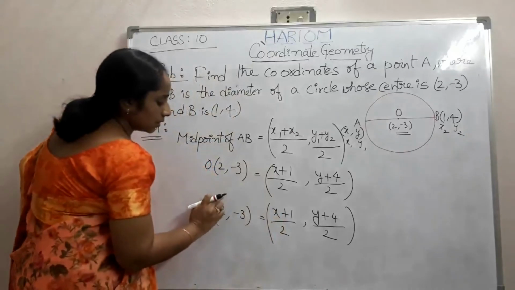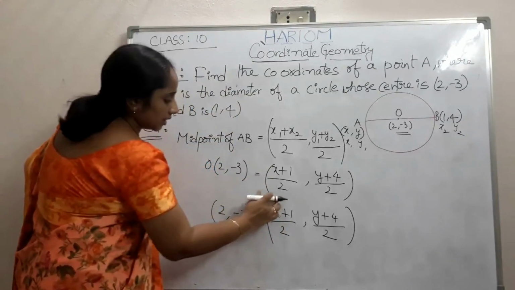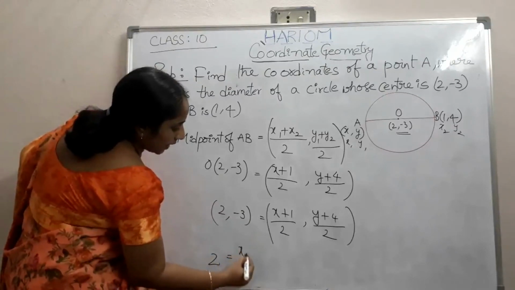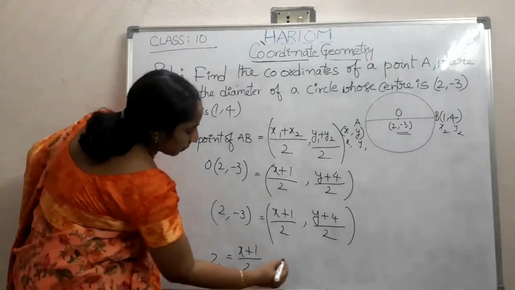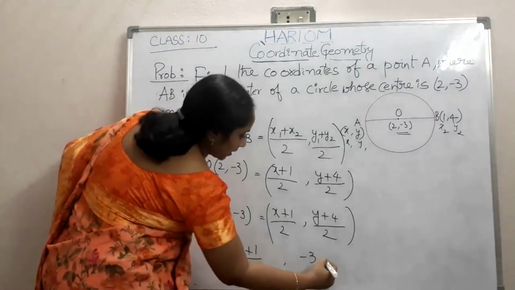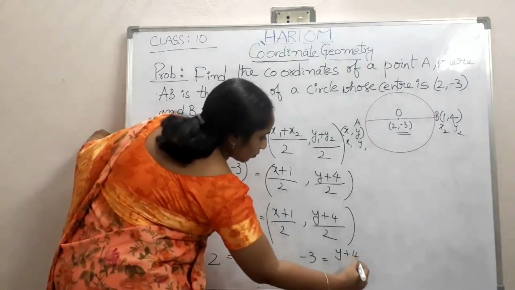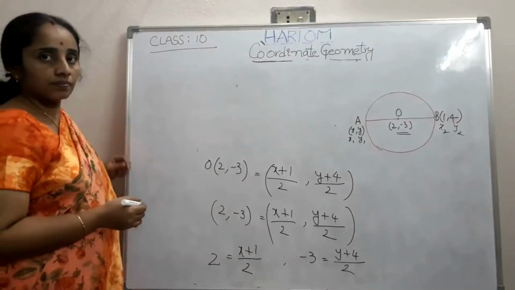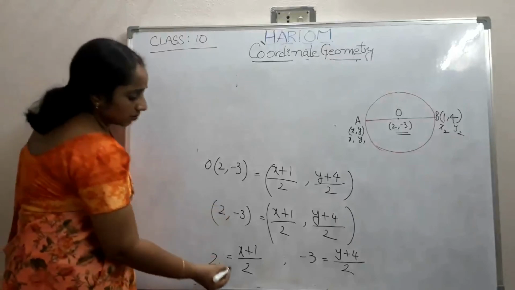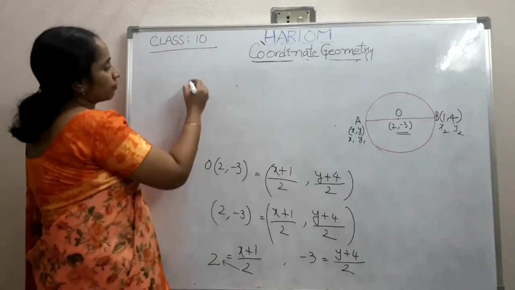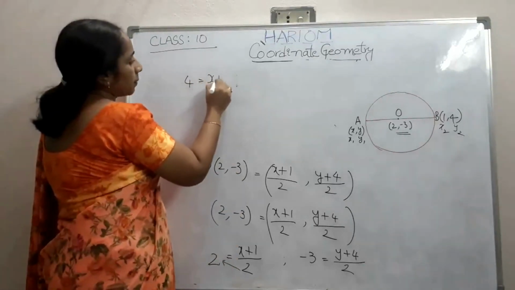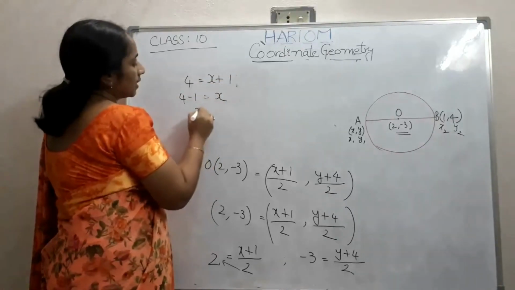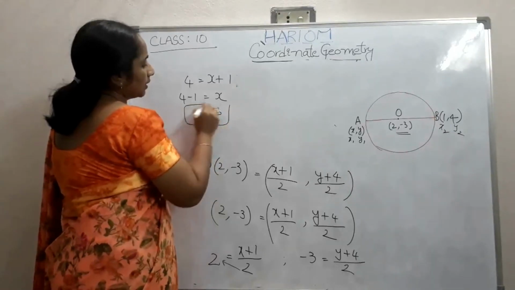Now as you know, this x coordinate is equal to this x coordinate. So 2 is equal to x plus 1 by 2, and minus 3 is equal to y plus 4 by 2. Now by cross multiplication, 2 2s are 4 is equal to x plus 1. Now 4 minus 1 is equal to x. x is equal to 3.